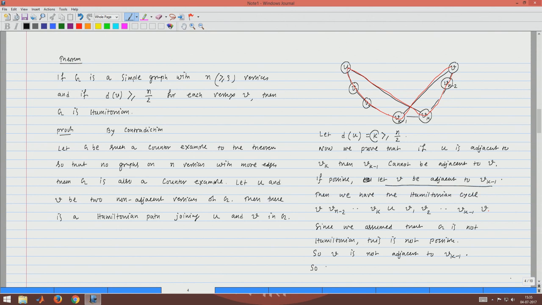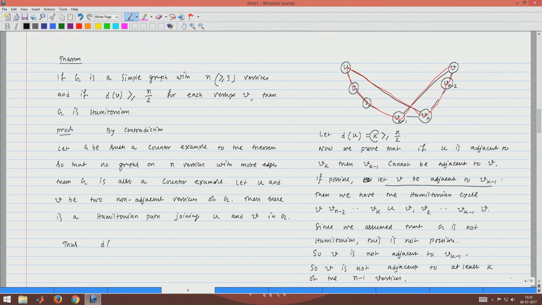So, v is not adjacent to at least k of the n minus 1 vertices.